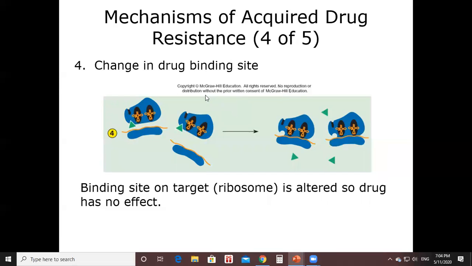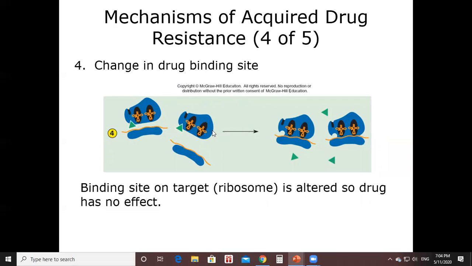And also they can change the binding site. So remember when we said that some drugs will come in and stop replication and stop transcription and translation. And so it will keep the messenger RNA from attaching to the transfer RNA.